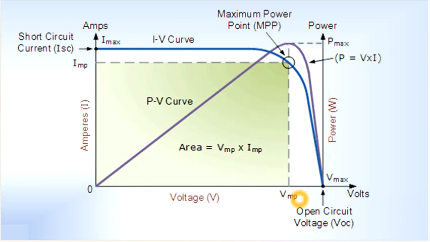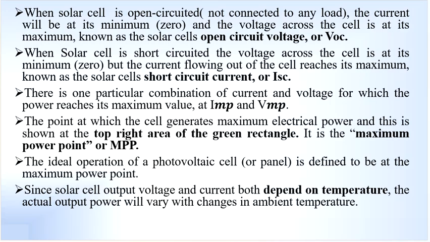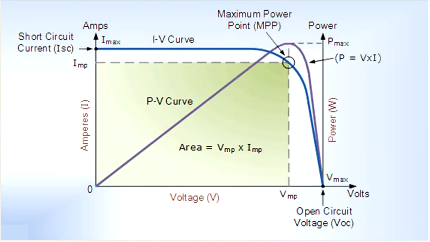They are less than that. And the point at which the cell generates maximum electrical power is shown at the top right area of the green rectangle. It is the maximum power point of the solar cell, which we have shown here, and on the IV curve it is shown here.